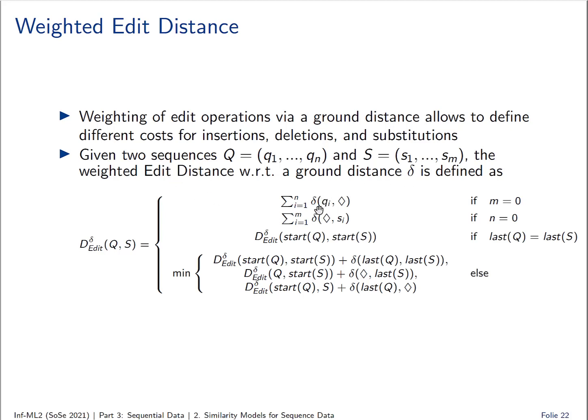So you see here, starting here, the delta would be a substitution or a match. If it's a match, then we don't have this delta here. If it's a substitution, you could penalize that with some specific ground distance. Then the insertion could be penalized, and a deletion can also be penalized.